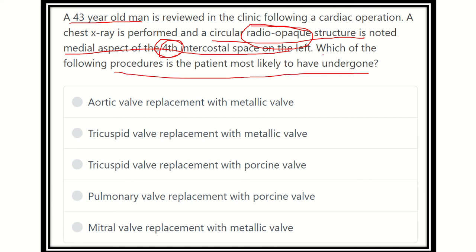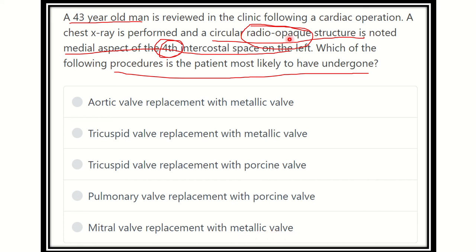So we have to find out first which structure usually lies in the fourth intercostal space and is replaceable for any operation. The options are aortic valve replacement with metallic valve, tricuspid valve replacement with metallic valve, tricuspid valve replacement with porcine valve, pulmonary valve replacement with porcine valve, and mitral valve replacement with metallic valve.